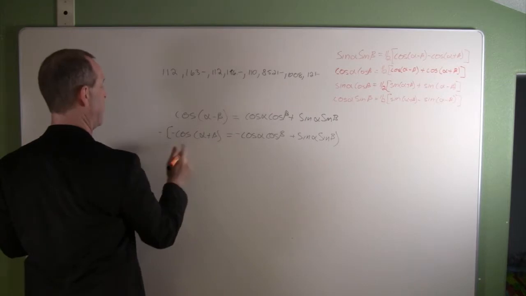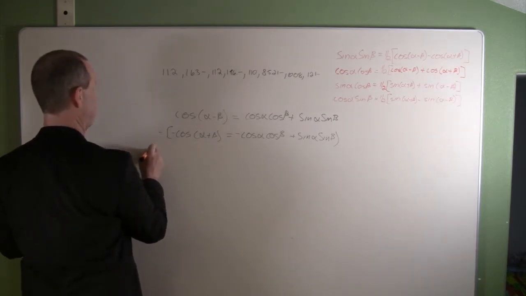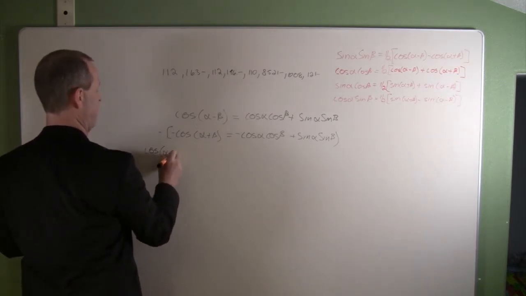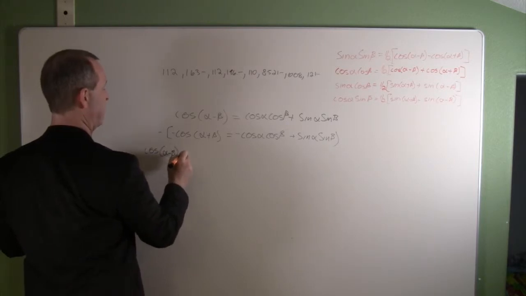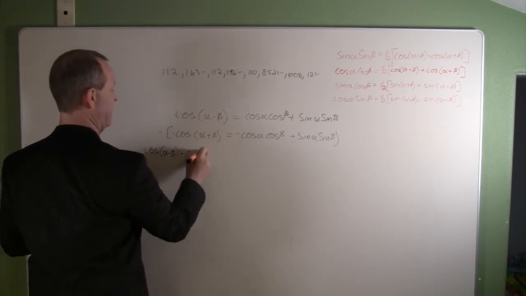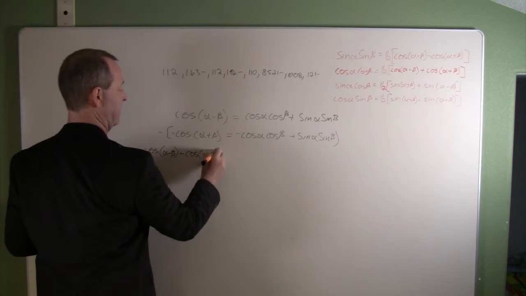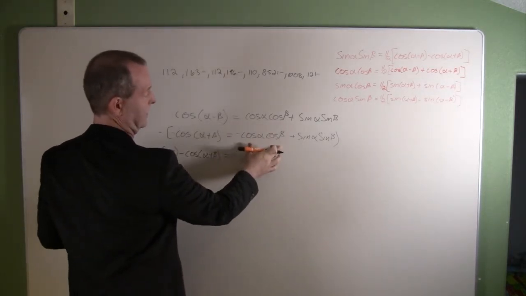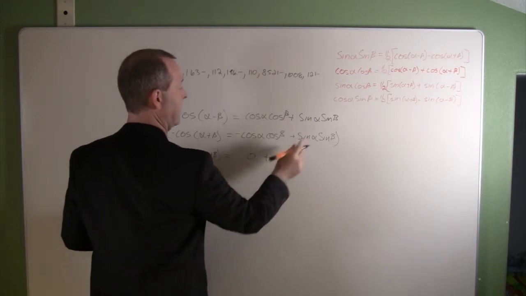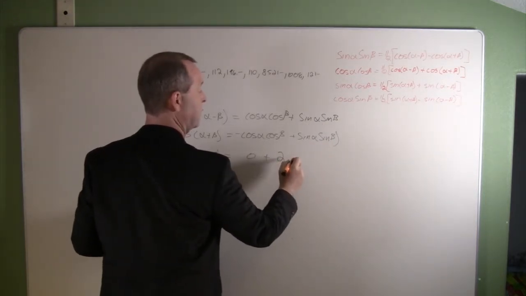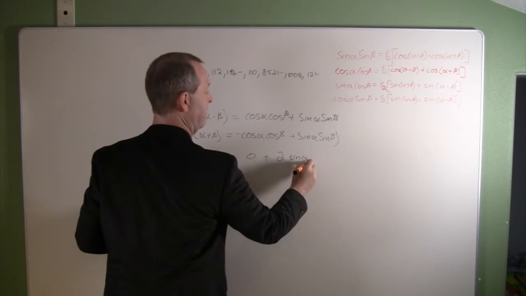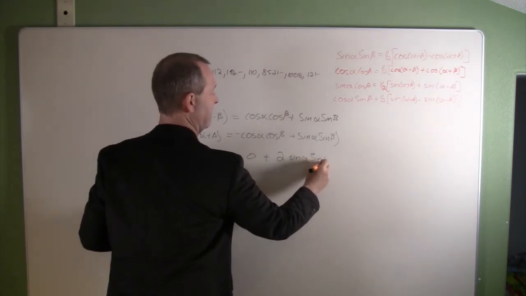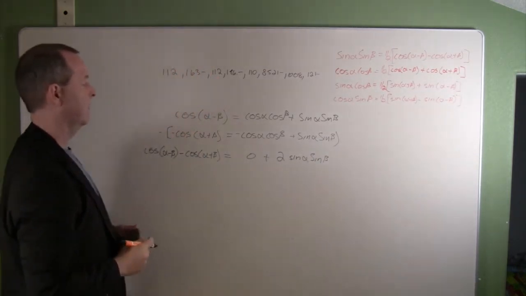And so over on the left side, I have the cosine of alpha minus beta minus the cosine of alpha plus beta equals, the first two terms here zero out, so it's 0. These two terms I've added together: 2 sine alpha sine beta.